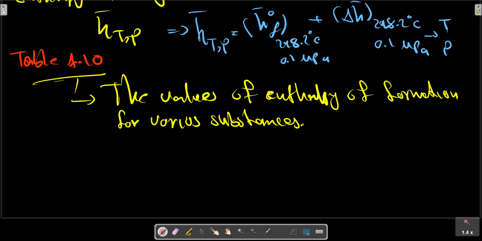Three further observations should be made in regards to enthalpy of formation.